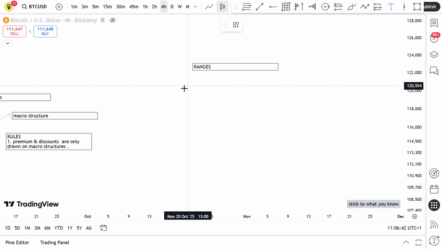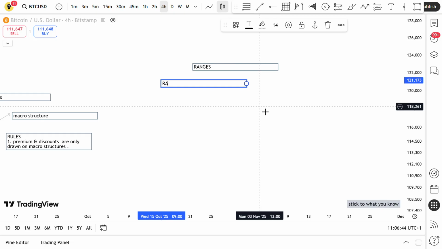Ranges are market structures, low and high, made up of strong and weak structures.